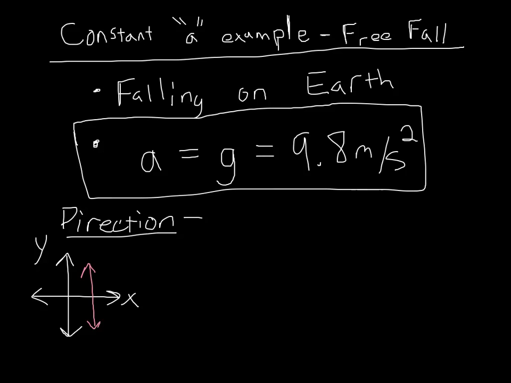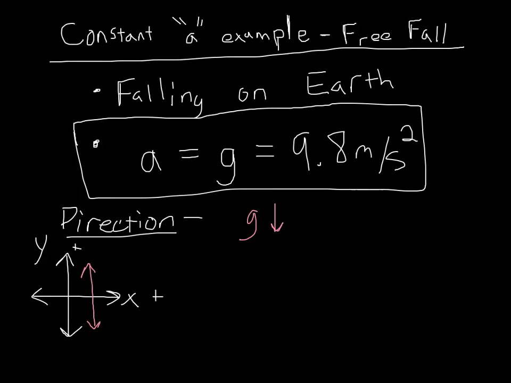And we need to pick a direction to be positive. Usually I find the easiest directions, the ones that make sense for me, is up seems positive, and to the right seems positive. So when I do problems, I assume anything that's going up is positive, anything that's going to the right is positive. In the case of a freefall problem, g is actually going down.